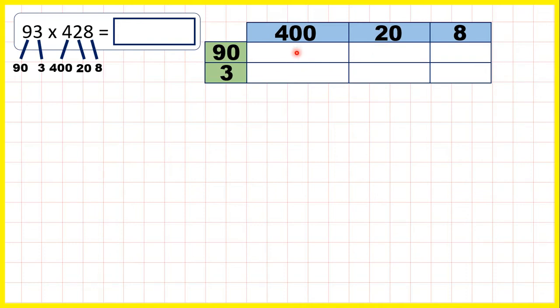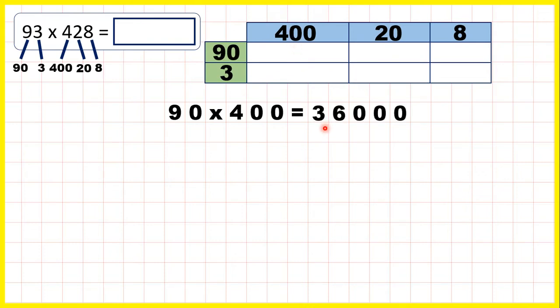Now for this box here, we're working out 90 times 400. That's 36,000, because 9 times 4 is 36, and then if we have a total of 1, 2, 3 end zeros in the question, we need 3 end zeros in the answer.